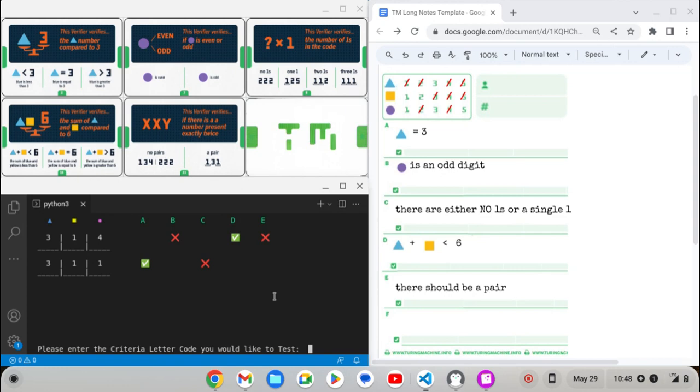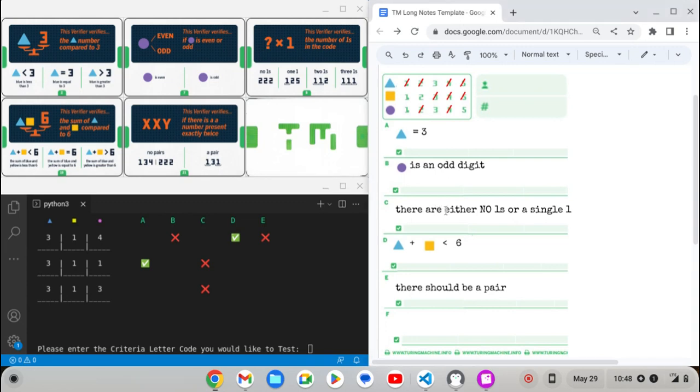Oh, okay. So I'm going to do a new round, and it's asking me for my new proposal. I'm going to say 313, and the only thing I have to test is C to see how many ones there are. Okay, so it did not approve of the single one, so that means there are no ones.